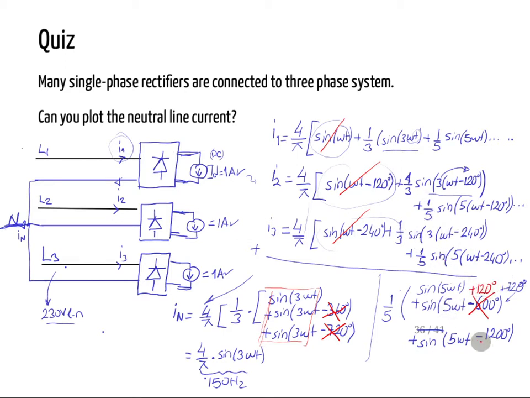Let's add the next multiple, plus 1080 degrees. So this will become minus 120 degrees, or that can be written as minus 240 degrees.